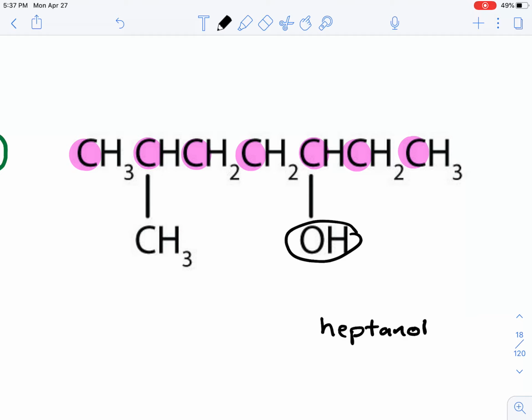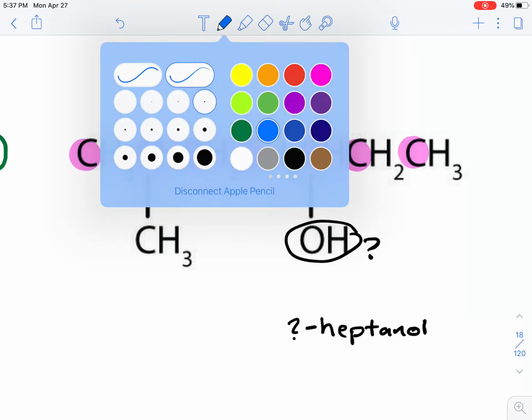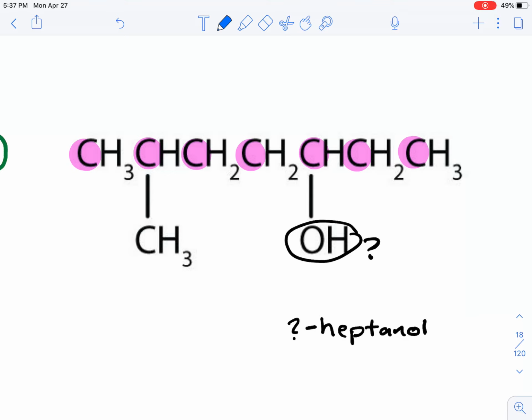And so I need to communicate to my reader where my alcohol is located on the parent chain. And so I'm going to put a question mark here, just to remind myself that I need to fill that in. And so going from left to right, I have 1, 2, 3, 4, 5, 6, 7.